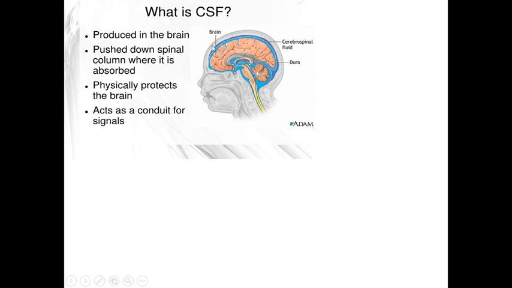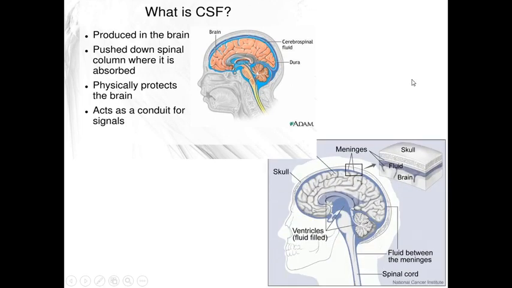So whenever this CSF formation is excess, or if there is any blockage to this CSF flow, then what happens is your CSF will get accumulated in these spaces. Now usually CSF runs in between meninges. So then if the CSF does not drain properly, your CSF will get accumulated in between these meningeal layers.